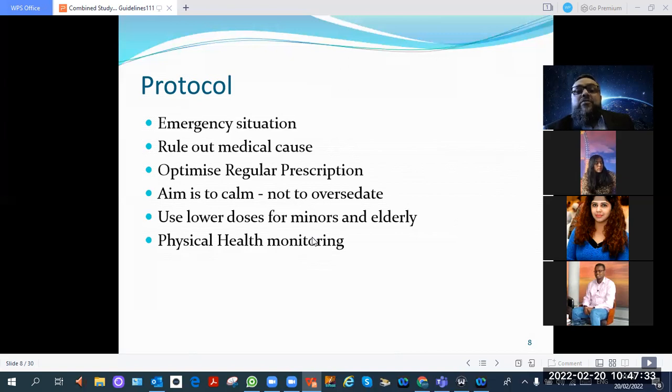So you have to see the regular prescription as well and see whether they are already on antipsychotics or not. Chat box: high dose 24-hour haloperidol. Tell us, doctor. In 24 hours, no more than 20 milligrams of haloperidol should go into the system, first of all.